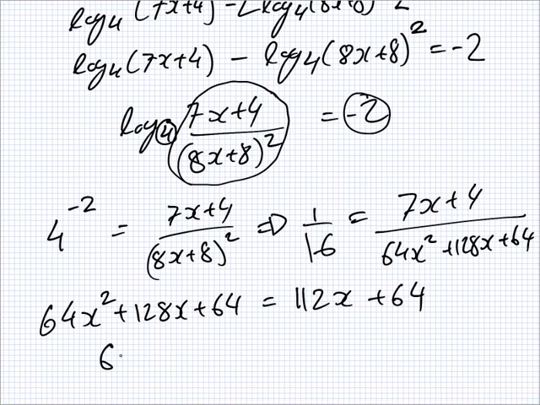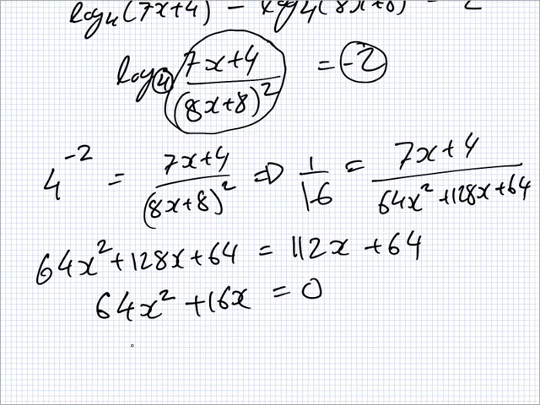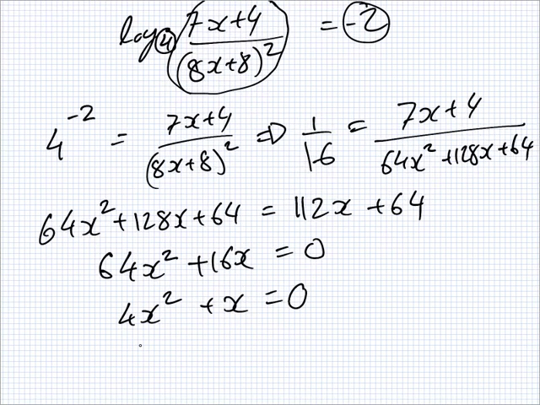You can see it coming, can't you? 64x squared, 128 minus 112 is 16. And the 64s cancel. And I can divide by 16, can't I? Wonderful, all coming in place now. What's next? 4x plus 1.